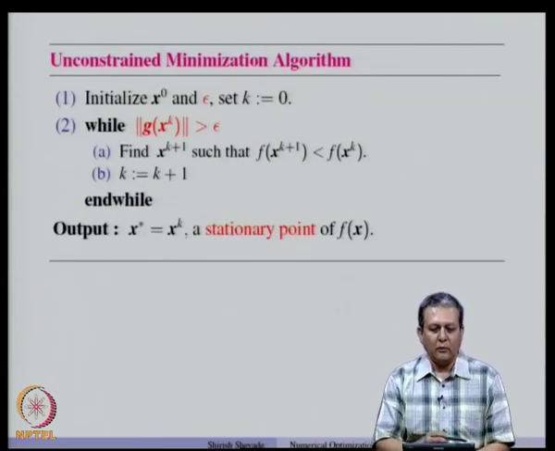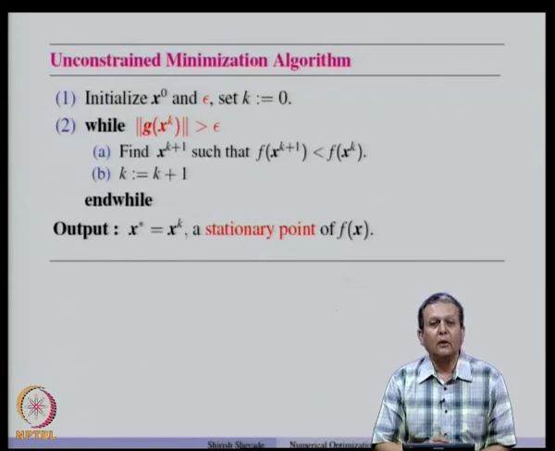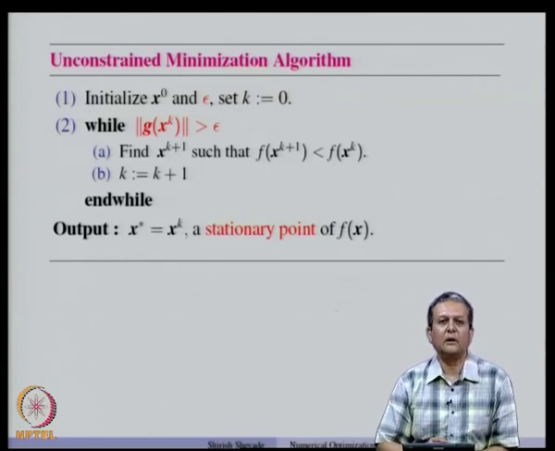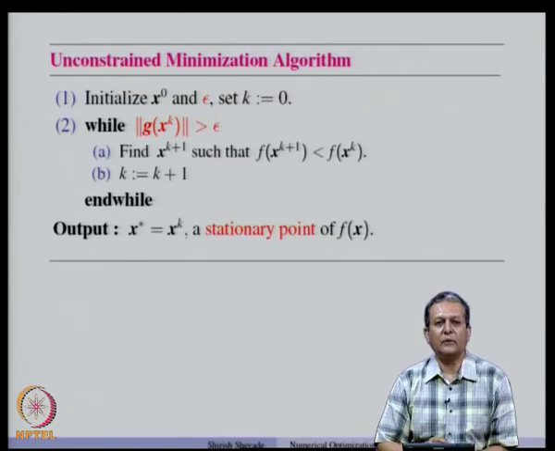Okay. Now, with this background, let us revisit our conceptual optimization algorithm. Remember that we are not going to use the second order conditions, as I said earlier, and we want to use some practical stopping condition. One practical stopping condition is that the norm of the gradient of the function should be less than or equal to epsilon.